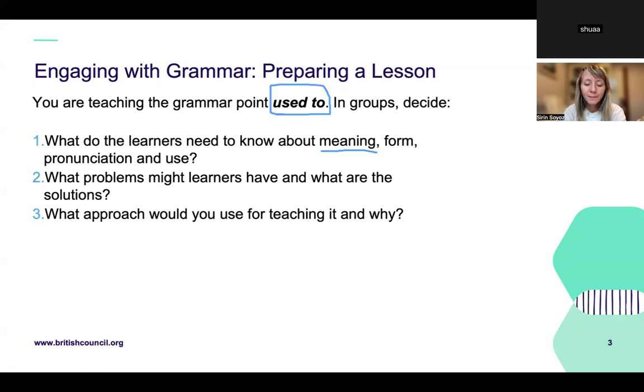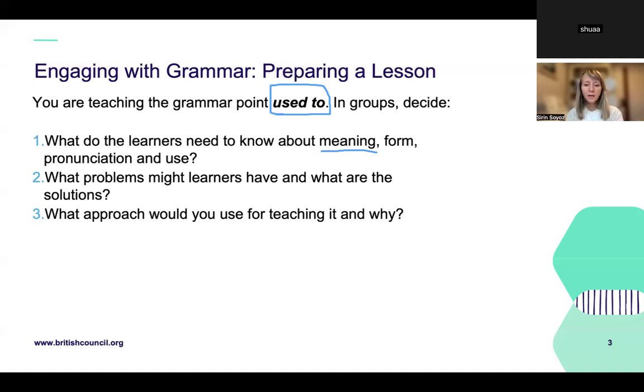Thank you. About the function or the rule of this, the function of this rule used to, we can make them master the rule or the function or the meaning by connecting it with real life situations from the students' own lives. Maybe this makes them master it more.